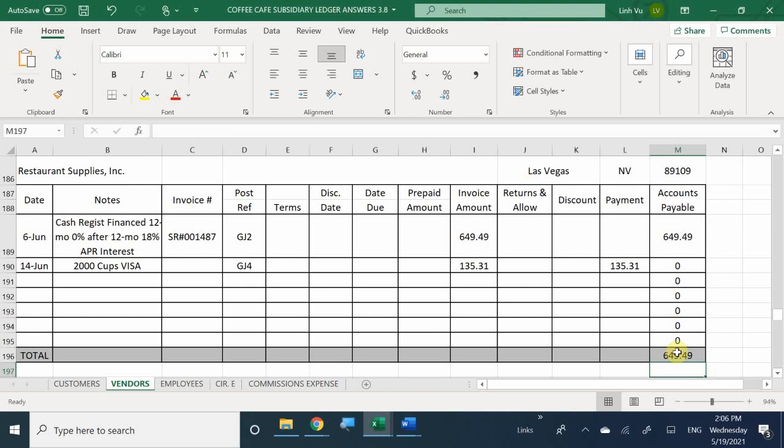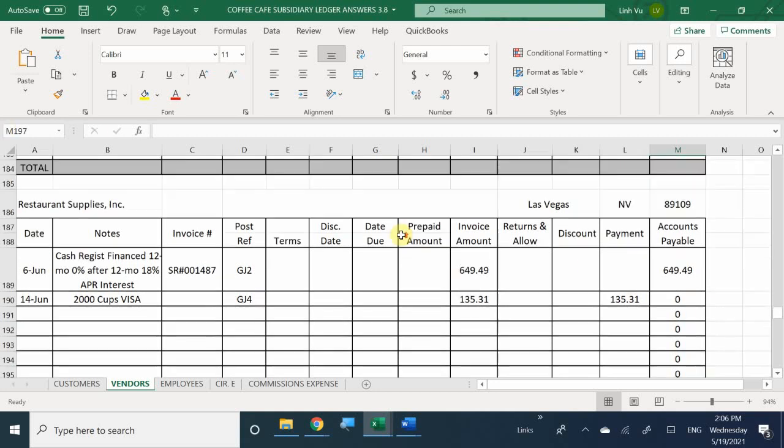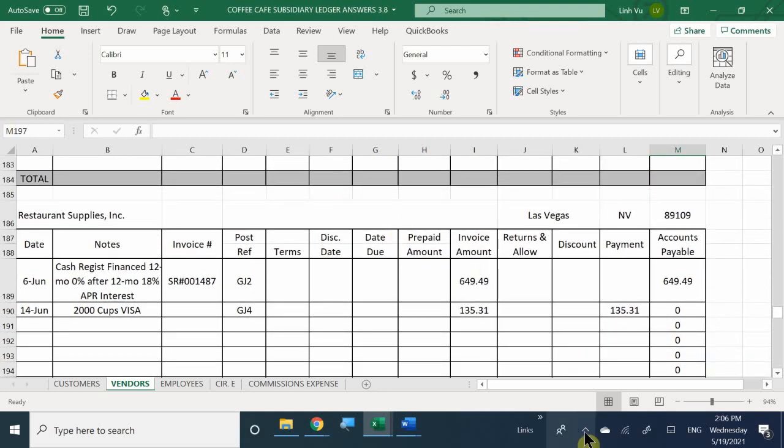Okay, so you may have accidentally just copied the actual cell itself in here instead of pulling the formula down. Okay. All right, so that's it here.